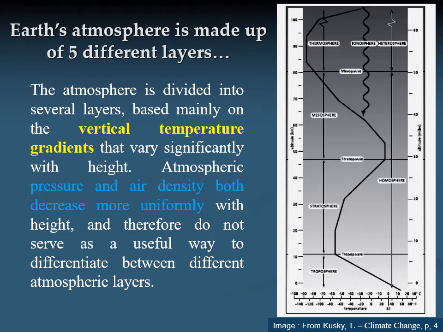Now, why is the division of Earth's atmosphere into different layers done on the basis of temperature? The other two properties of gases, pressure and density, change with altitude in a very uniform way.